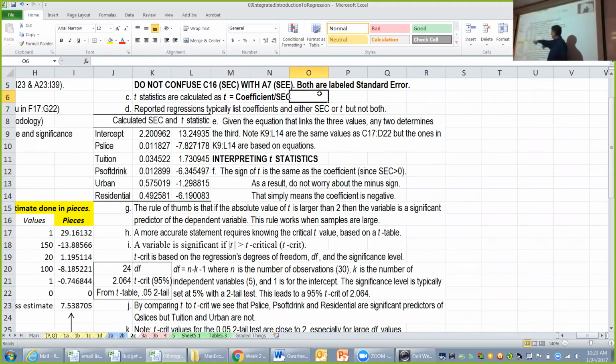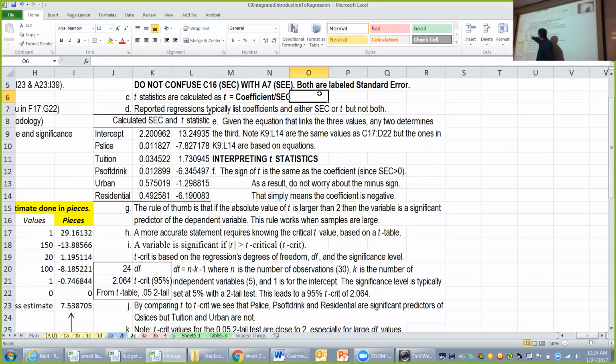The actual coefficient, 0.08 for price slices, divided by the standard error of the coefficient. The standard error is the computer measuring the distance of how much error there is. It's just kind of the intuition behind it. And so it cranks that out, and that gives us this t-value.